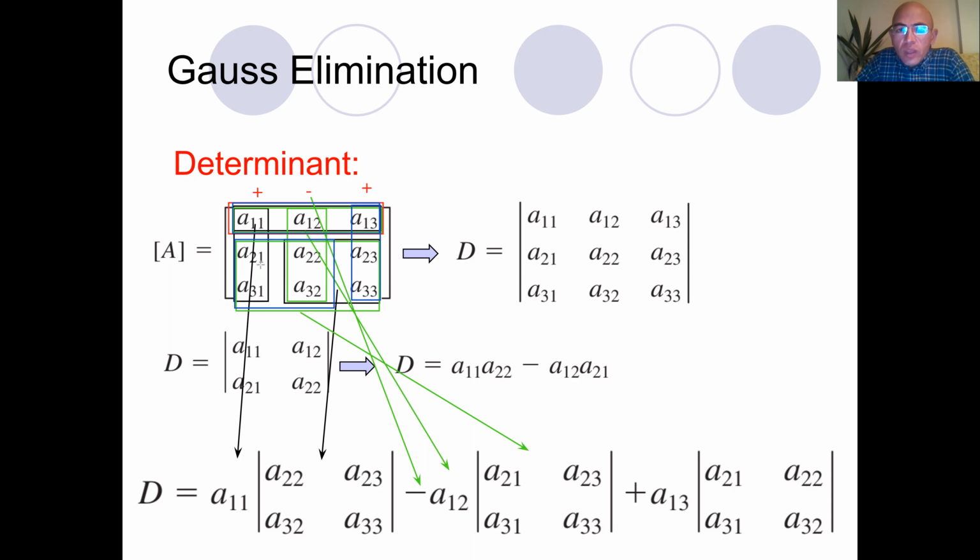So you have A21, A22, A31, and A32. Therefore, what I do is I take this matrix and calculate the determinant of it. I multiply it with the A13 and then I got the sign of it, plus.